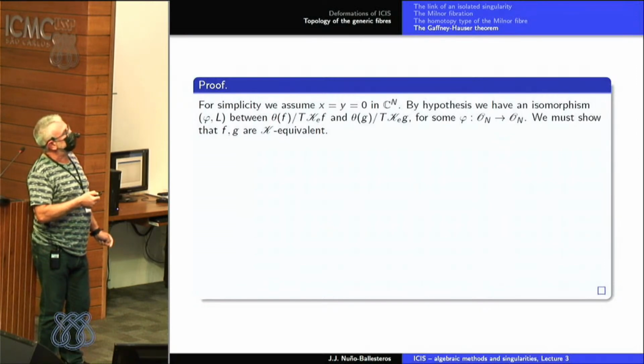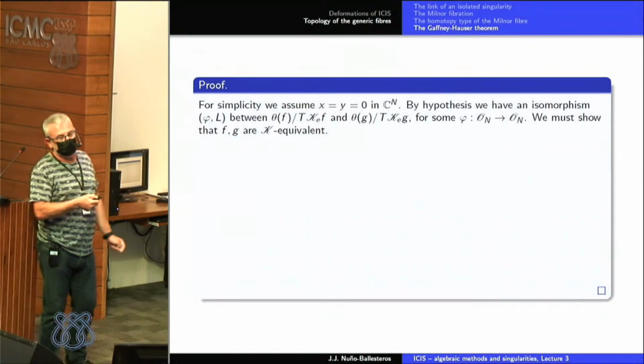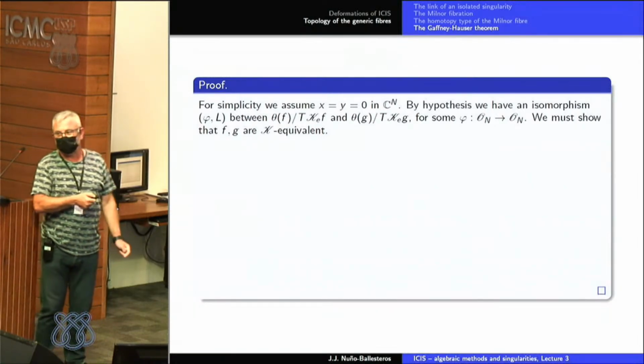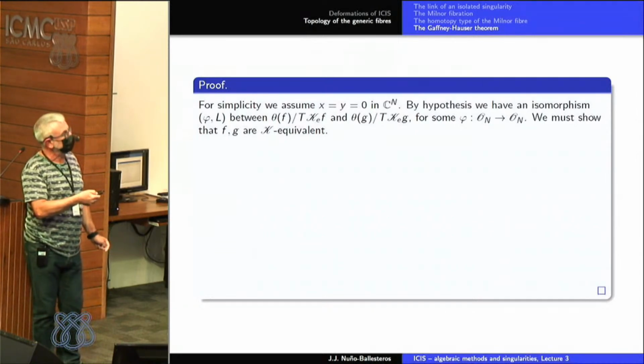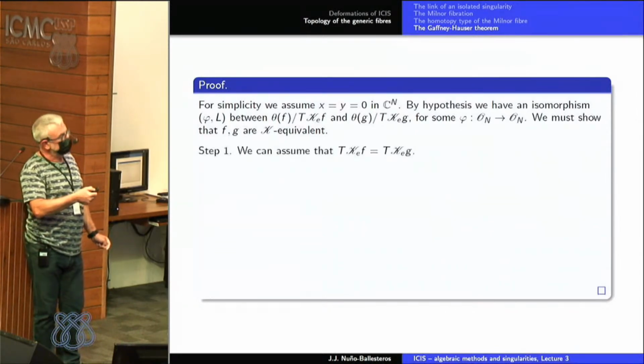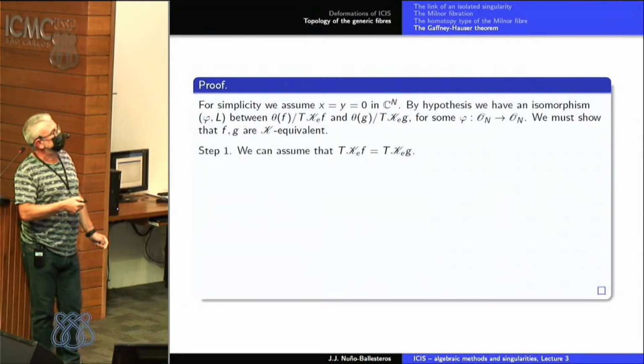We must show that F and G are K-equivalent. If they are K-equivalent, then you know that the ICIS are isomorphic. In step one, we can assume that the two tangent spaces are not only isomorphic, but equal. This is not difficult. This is just substituting F by some different F, which has the same tangent space and which is K-equivalent to F.